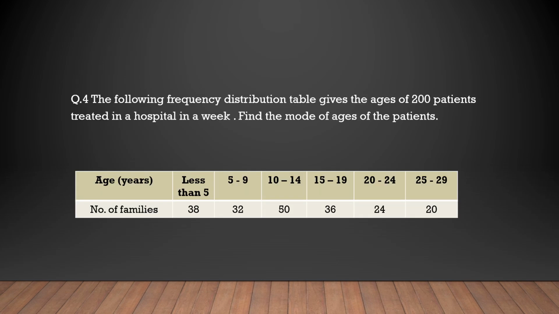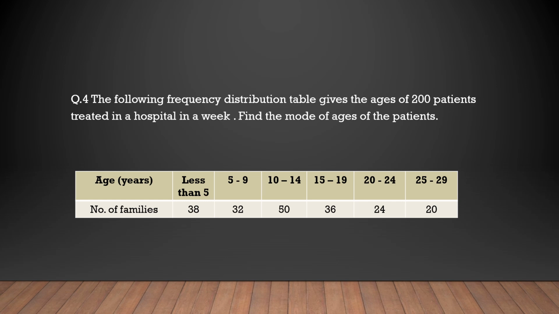Question number 4. The following frequency distribution table gives the ages of 200 patients treated in a hospital in a week. Find the mode of ages of the patients. So this is the table which is given, with age in years and number of patients.